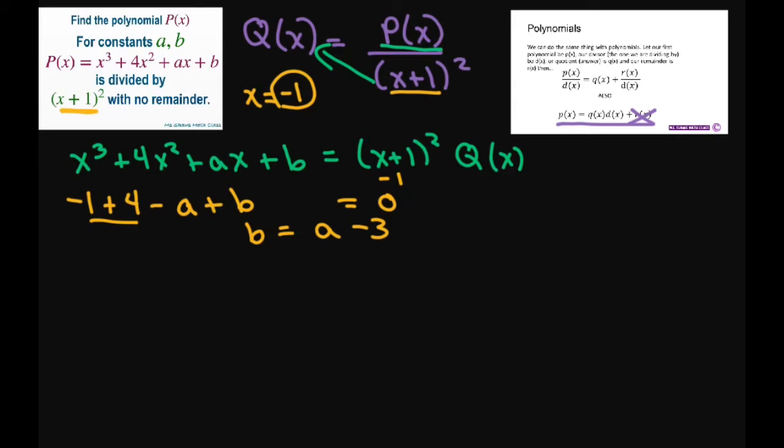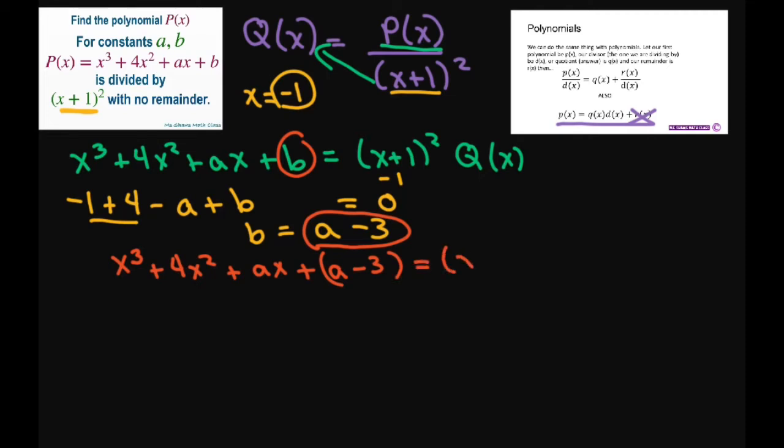Now what I'm going to do is substitute this b back into this equation, and we get x cubed plus 4x squared plus ax plus b, and our b is going to be a minus 3. And that's going to equal x plus 1 squared times q of x.